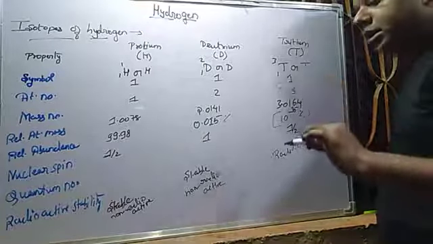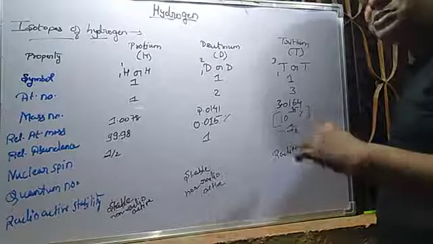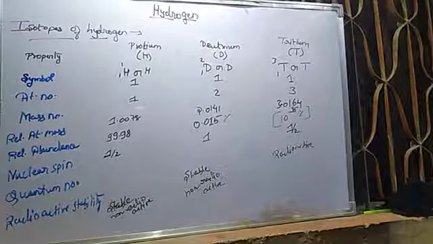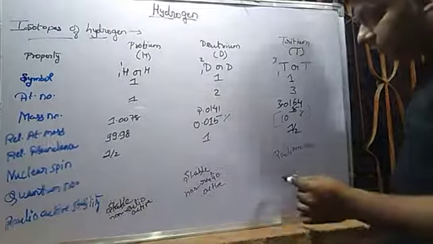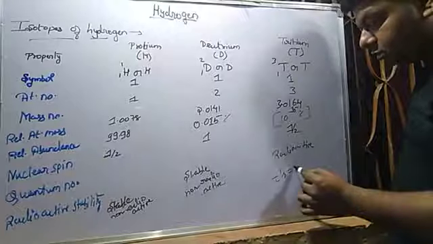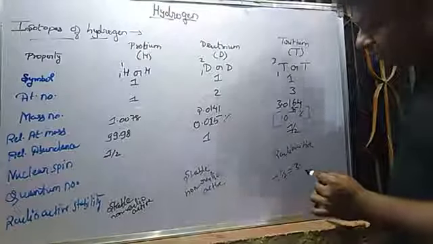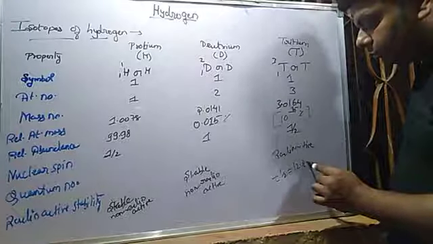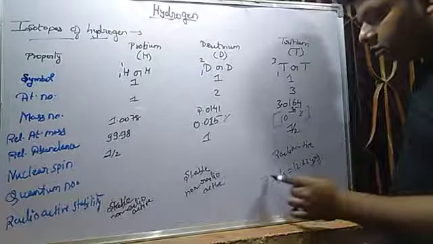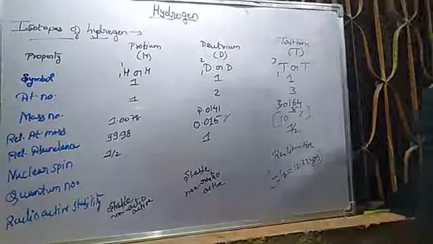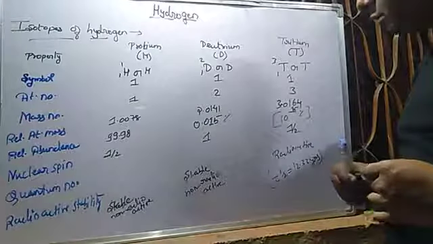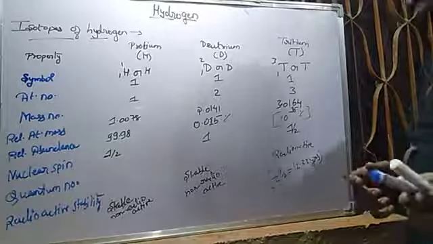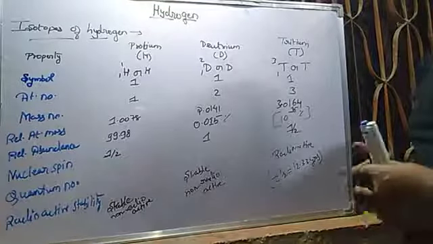They readily become some other element due to their radioactive nature, and the half-life of tritium is 12.33 years. This means if a certain mass of tritium is taken, it will take about 12.33 years to deplete half of its mass.